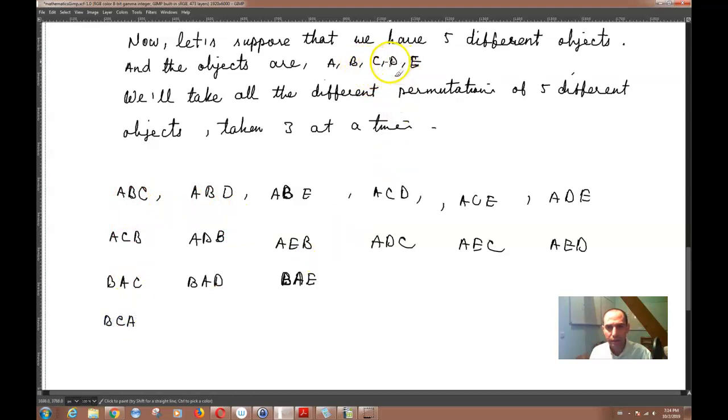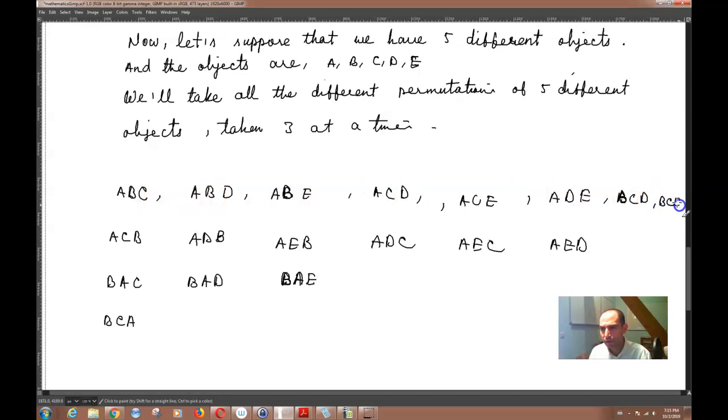and BCD and BCE. So BCD, we don't have it here. BCD and BCE.